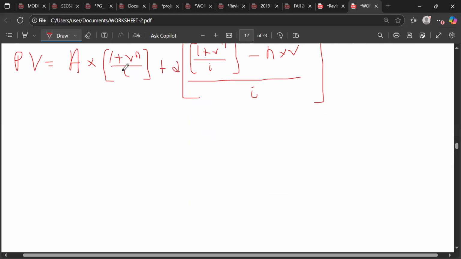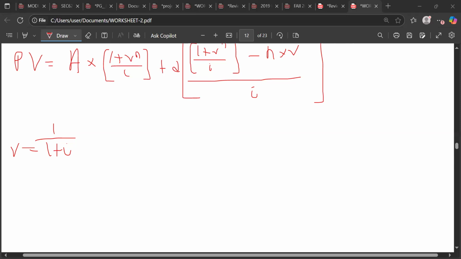Now, what is V to the power N in simple terms? V is equal to 1 over 1 plus I. That's V. So using that concept, we can find V in advance.